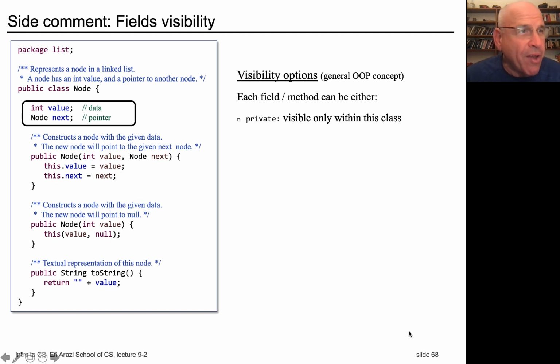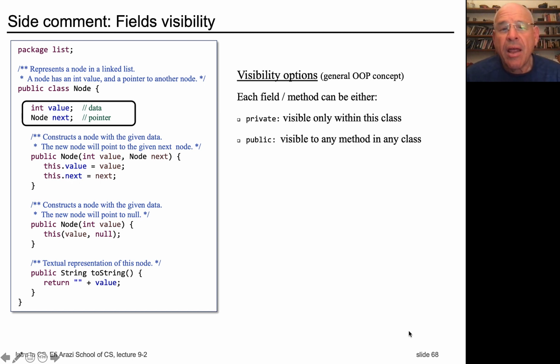It can be private. If it's private, it means that this method or this variable or this field is accessible only within the current class, in this case, the node class.